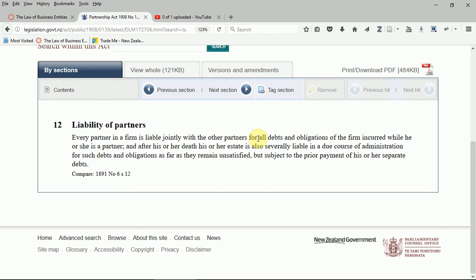Jointly for all debts and obligations, so that's contract, and liable jointly. You'll notice it's while they're a partner, after death the estate's severally liable. So if one partner dies, prior to their death they were liable jointly for the whole lot. When they die, their estate is only liable for their proportionate share of that debt.